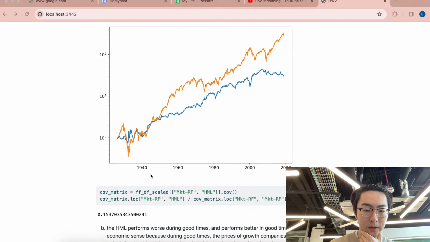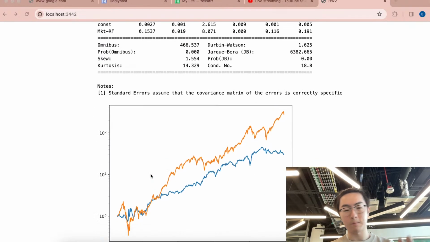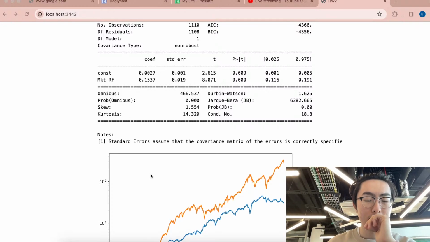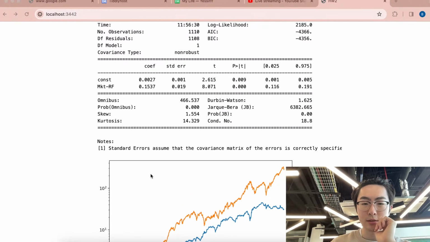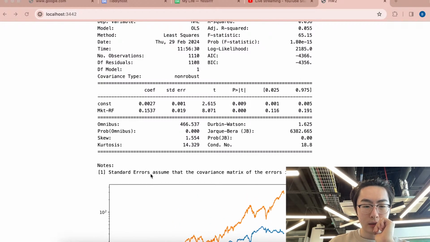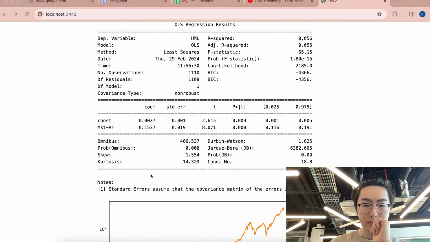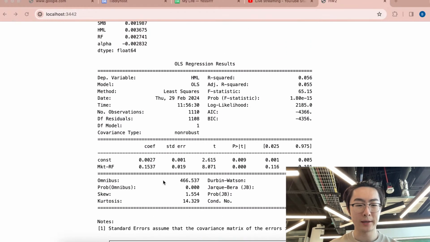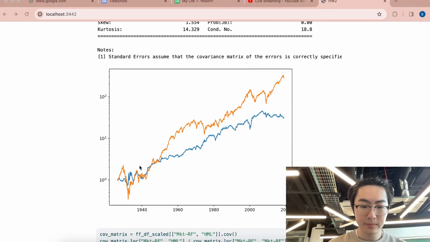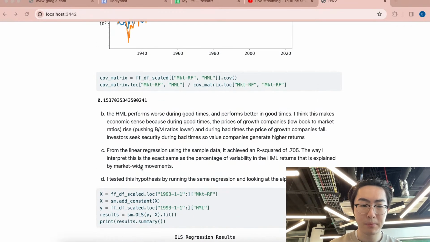So we get 0.1537. Yep, so that's the exact same as the beta that was just spit out by the stats model package. So I think we might be on the right track here.